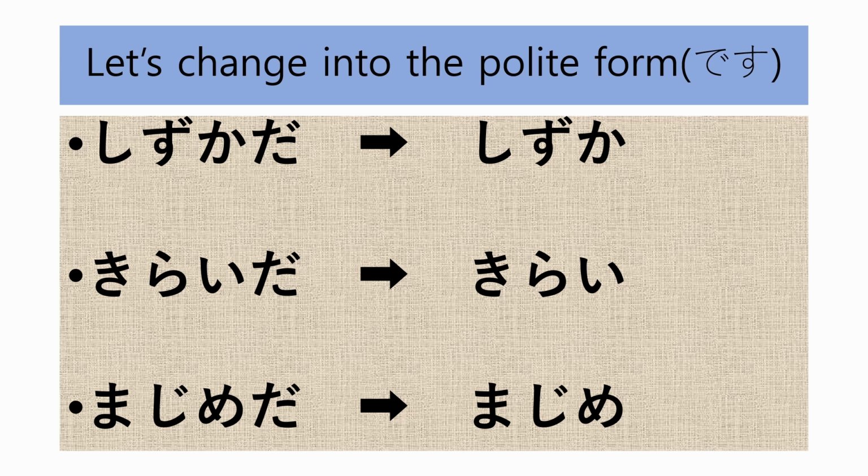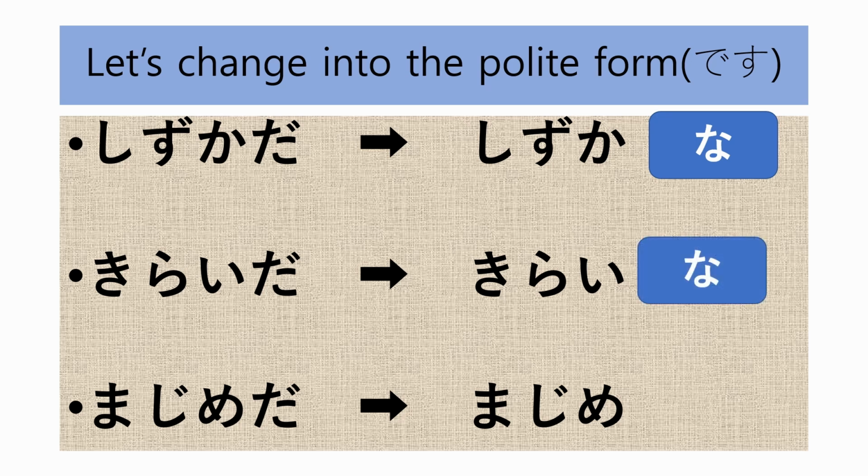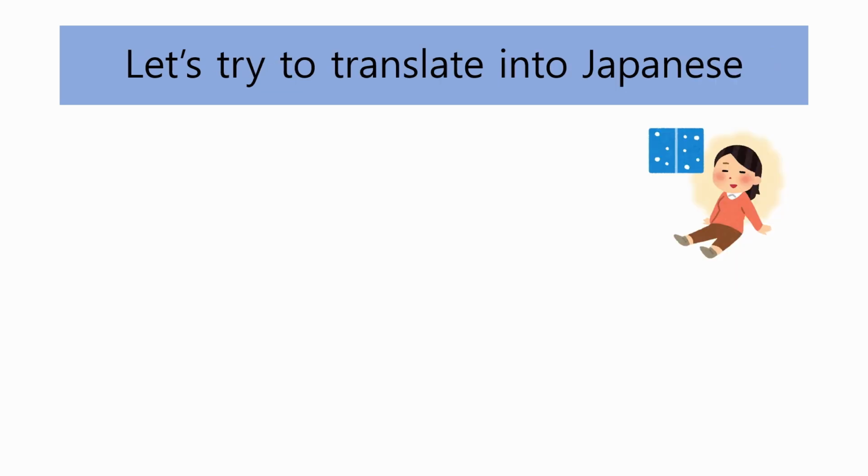Let's change the following na-adjectives into the form that modifies nouns. 静かだ、静かな。嫌いだ、嫌いな。真面目だ、真面目な。Please translate the following Japanese into English.